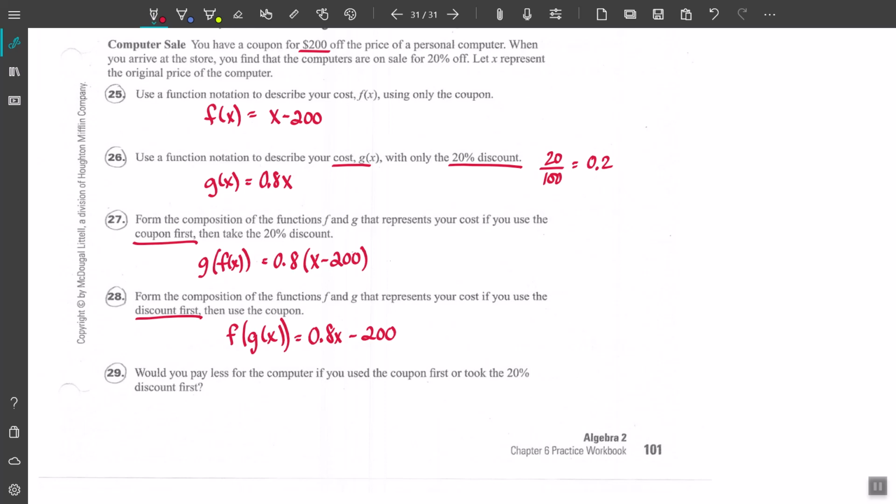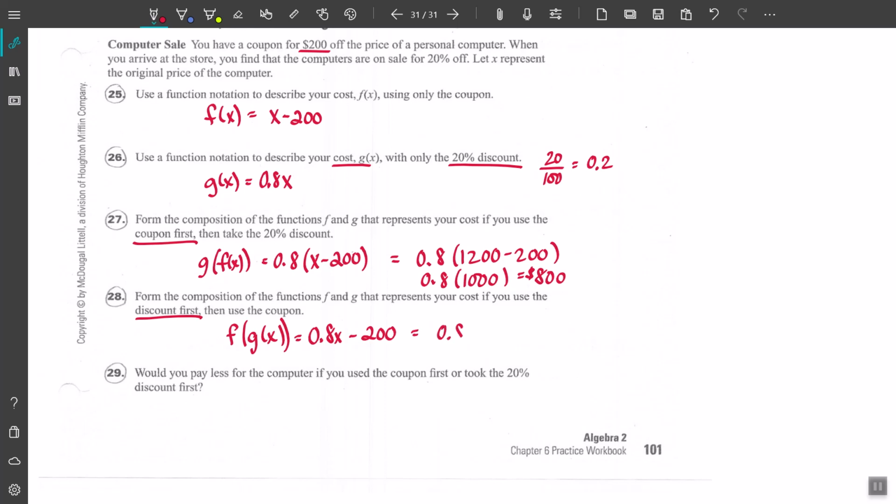So let's say that the original price of my computer was $1,200. If I stick $1,200 in and evaluate that here, I end up with 0.8 times 1,000, which we know is going to end up being $800. Okay, and we'll compare that down here.